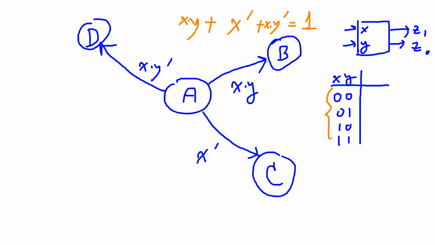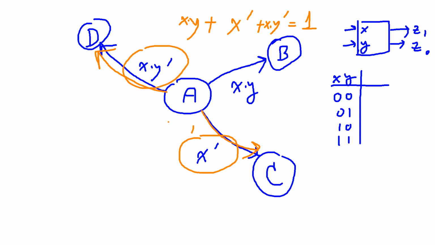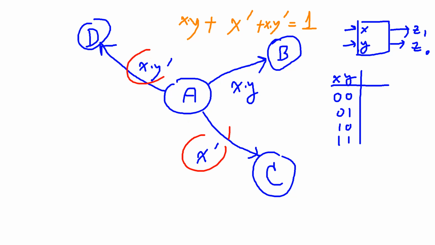And one more thing that you must check: when you apply some input, there must be only one next state. Namely, there is no input that can make two or more conditions become true at the same time. That means it's impossible for this condition to be true and this condition to be true at the same time.